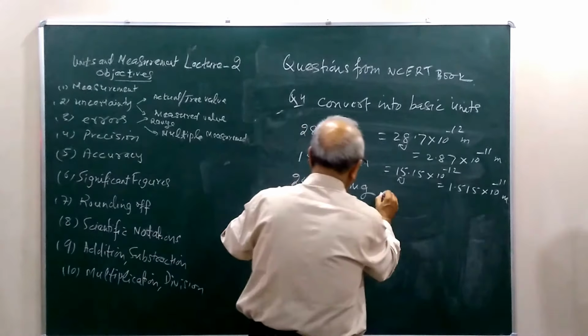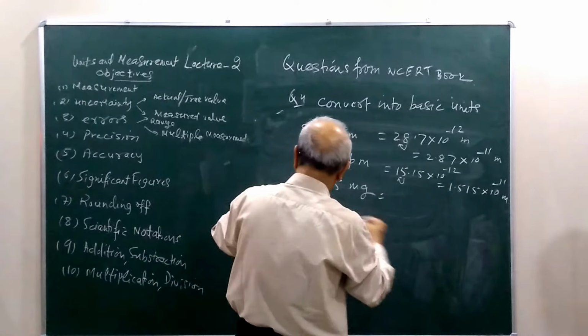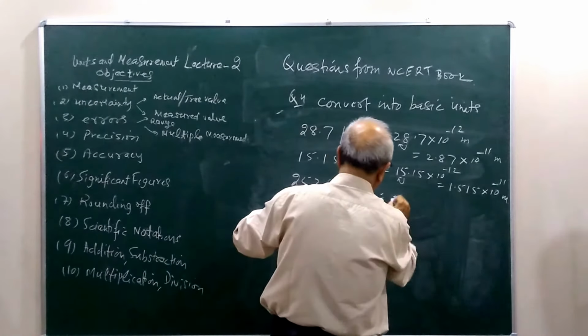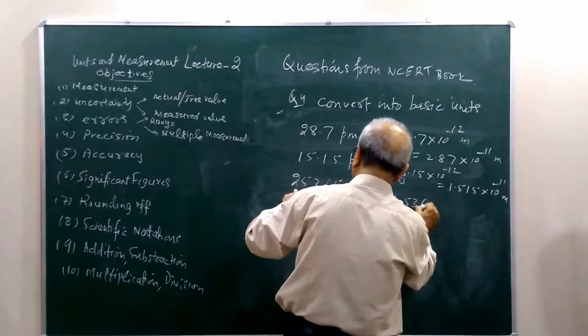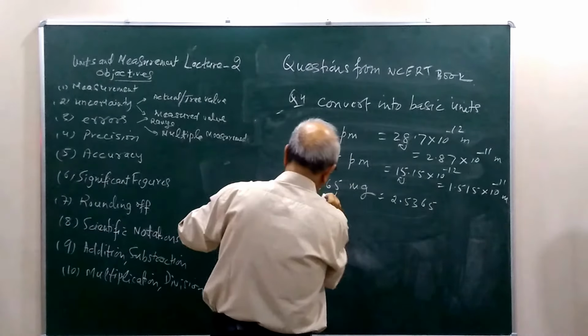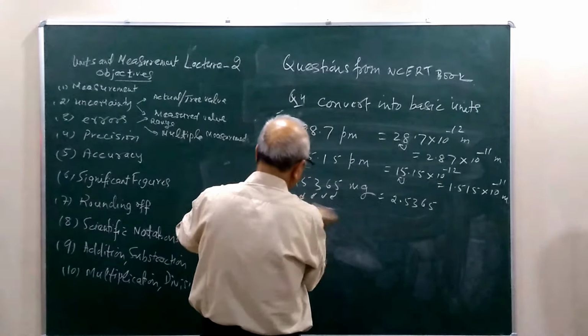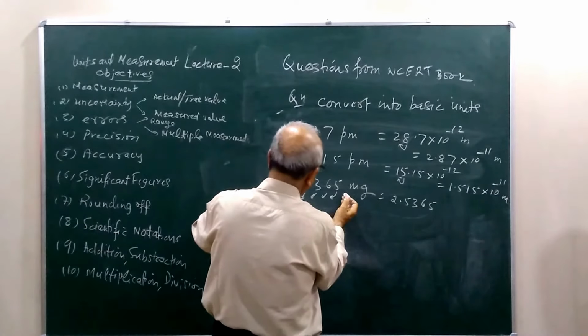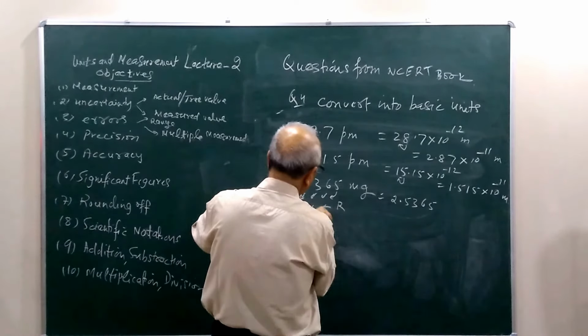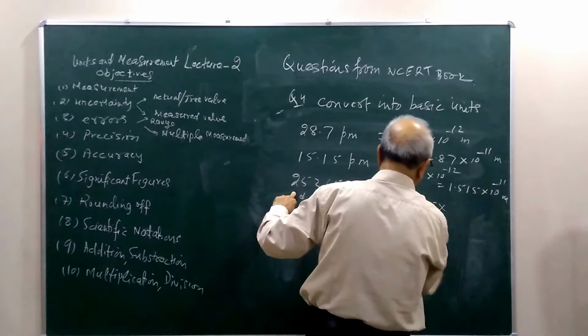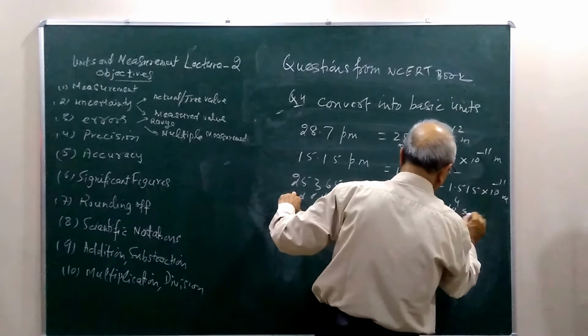This I have to express in kilogram. 2.5365: 1, 2, 3, 4 digits I am moving from right to left, into 10 power 4 gram.